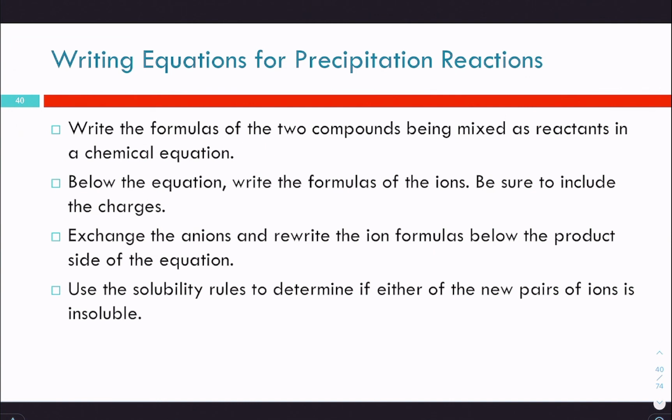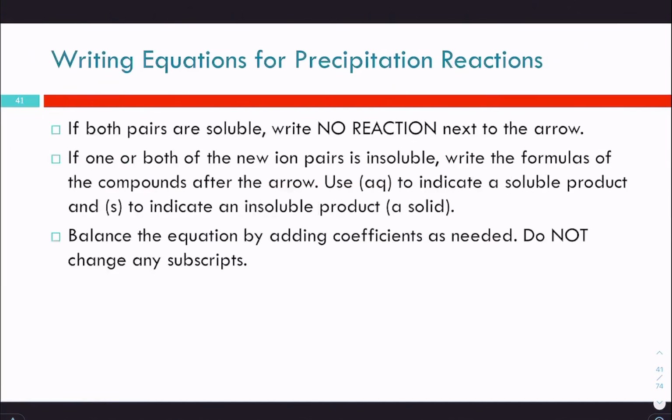Then you use solubility rules to determine if the new pairs of ions are insoluble. And if both of your new pairs are soluble, then it's no reaction. If one or both is insoluble, then you can write your new formulas, balancing those charges. Then you can balance the entire reaction by adding coefficients.